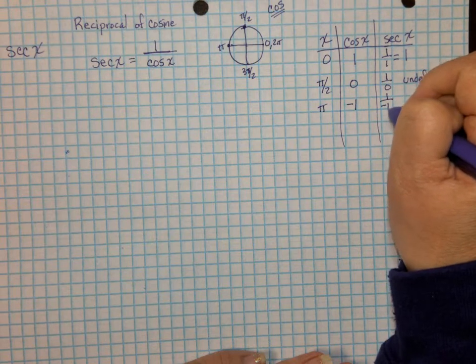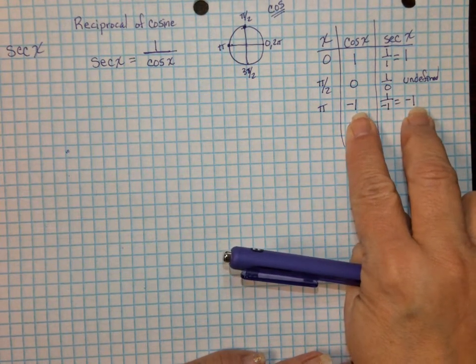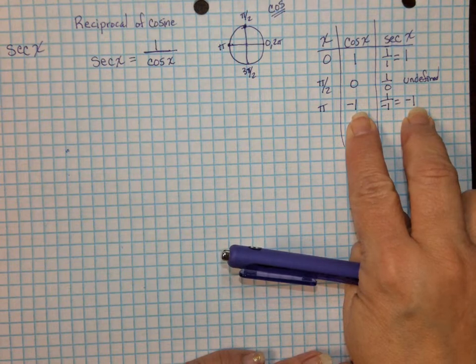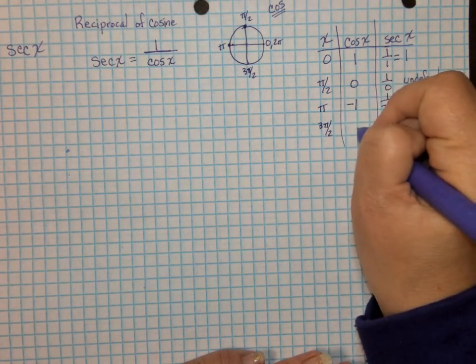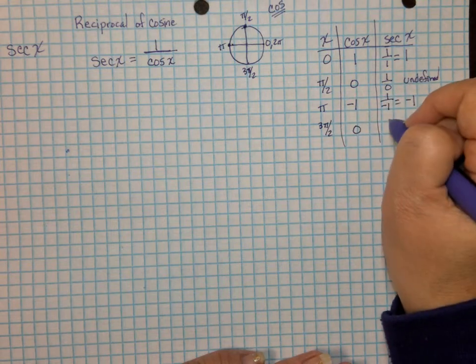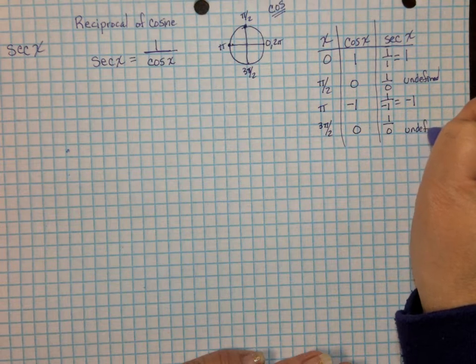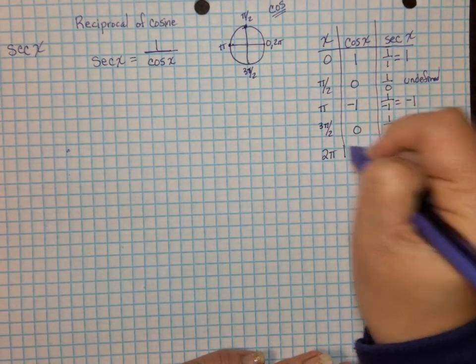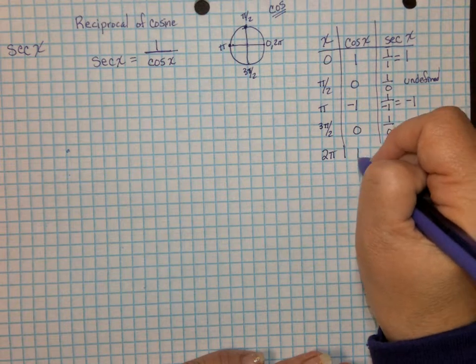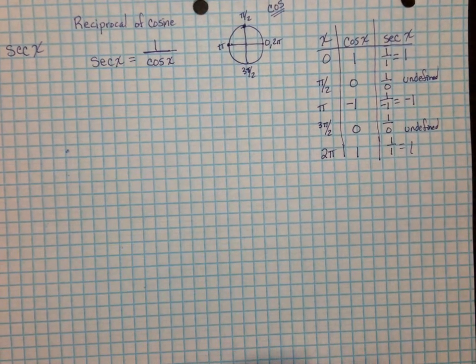So it's 1 over -1, which is -1. So again, cosine and secant have the same value. 3 pi over 2, cosine is 0. So secant is 1 over 0. Oh, undefined, another asymptote. And then at 2 pi, cosine is 1. Secant is 1 over 1, which is 1.